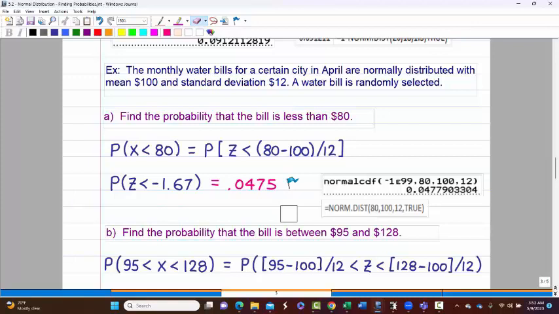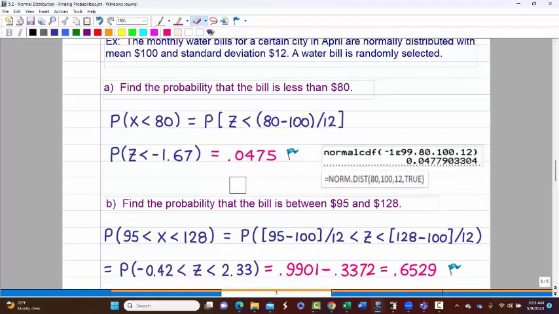Because you round the Z to 2 decimal places, it's not as precise as the technology, which can calculate that area with more decimals for the Z. So that's what makes the answer a little bit different.